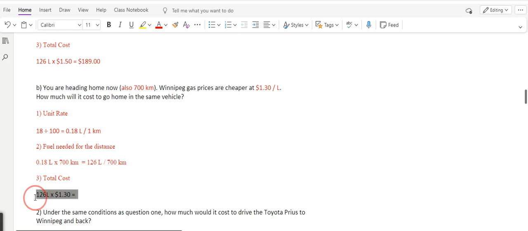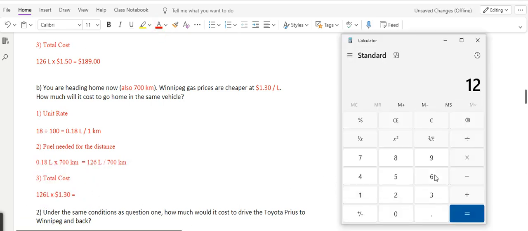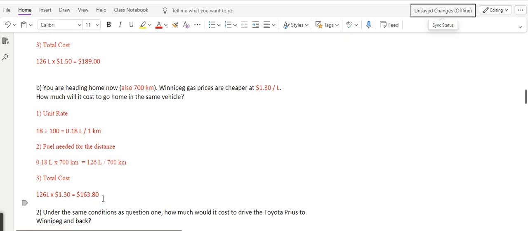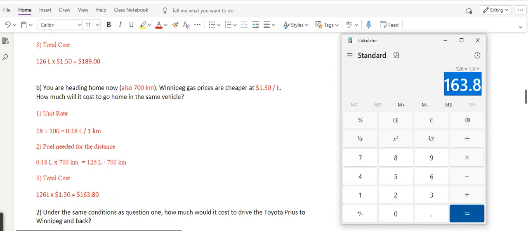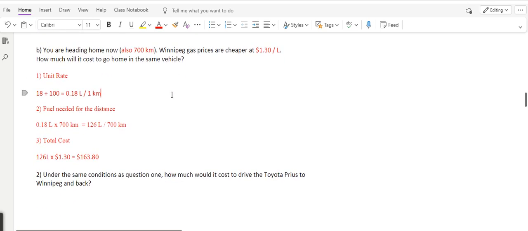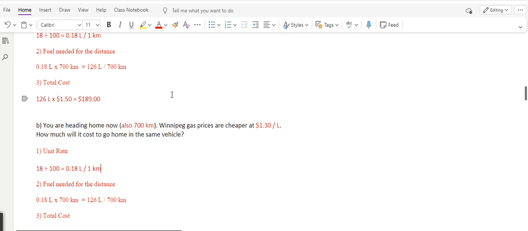And so what's this going to be? 126 multiplied by 1.3, and that's going to be $163.80. Okay, and so here we found out that if we were to compare these two prices, we could see it's about $26 cheaper coming back from Winnipeg than when we went down to Winnipeg. So we've got that going for us.